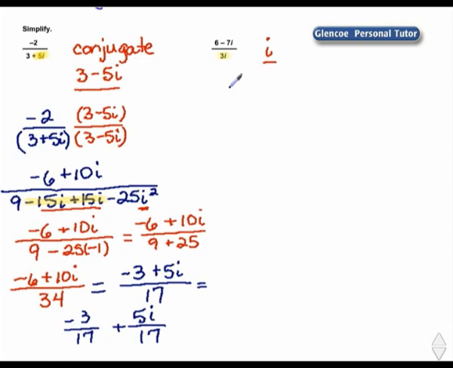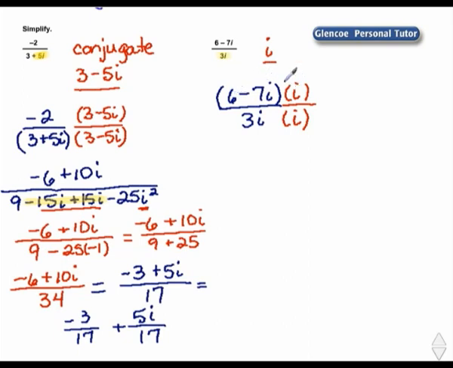So we'll start with our problem, 6 minus 7i over 3i. And we're going to multiply both numerator and denominator by i. And we'll put parentheses here so we remember to distribute. Okay, now we're going to distribute the i.